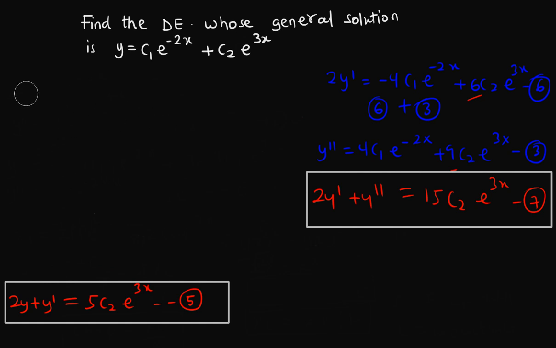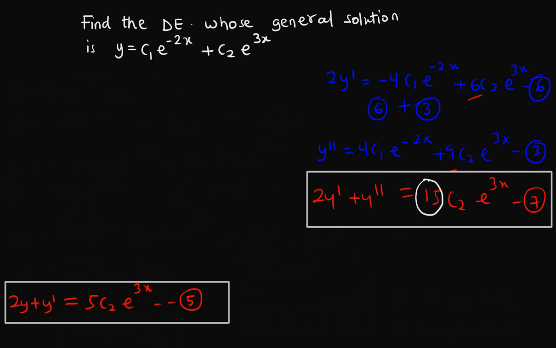Now let's go ahead and eliminate c2 also. Looking at equation 5 and then equation 7, if I want to eliminate c2, then I will have to multiply equation 5 by, sorry, by 3, because of this 15 that we have here.